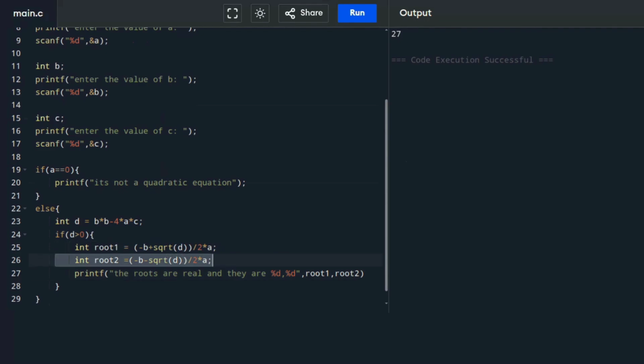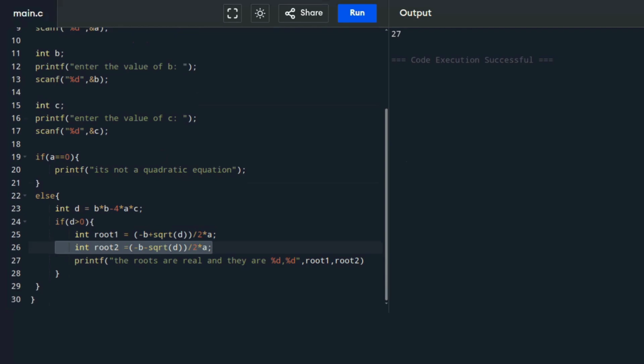Similarly, if d is equal to 0, we will write the same thing.